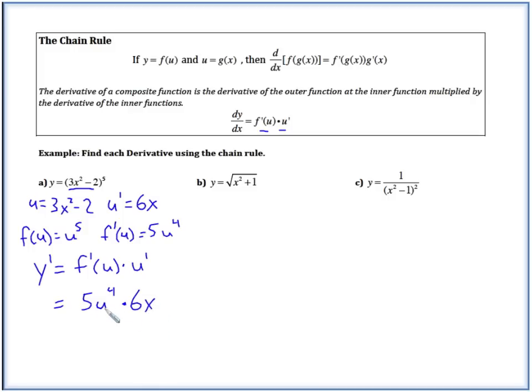Now we're not quite done because we want to write our derivative in terms of x. And so all we have to do now is substitute our u function right in here. So u, we said, was 3x squared minus 2. Okay, so we're going to substitute that in.